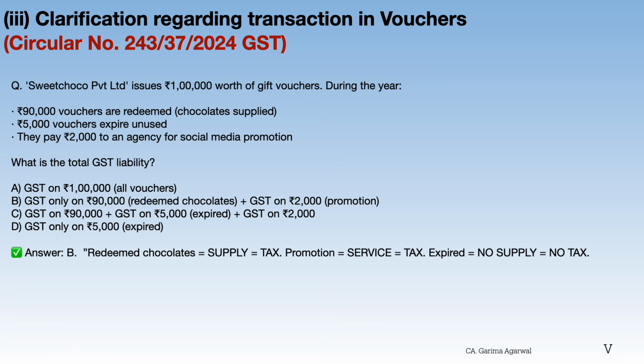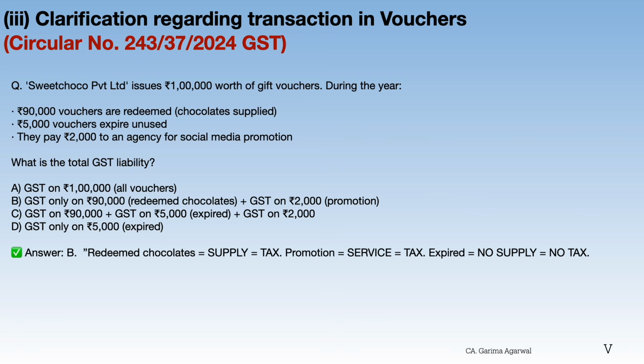Now a question. Sweet Choco Private Limited issues 1 lakh rupees worth of gift vouchers. During the year, 90,000 rupees of vouchers are redeemed, that is, chocolate is supplied. 5,000 rupees of vouchers expire unused, and they pay 2,000 rupees to an agency for social media promotion. What is the total GST liability? A. GST on 1 lakh rupees, that is all vouchers.